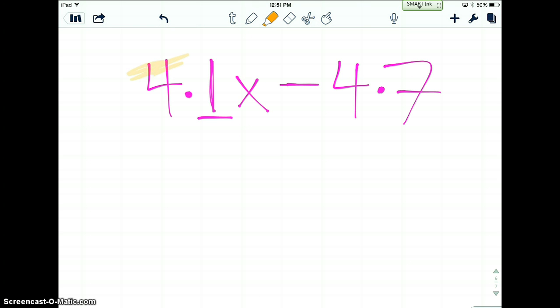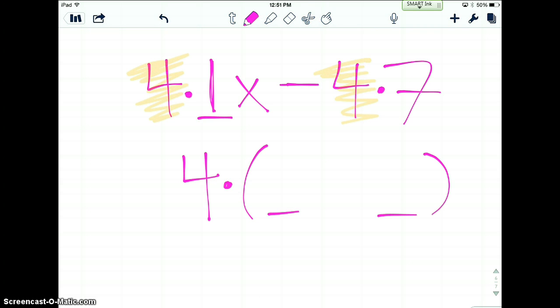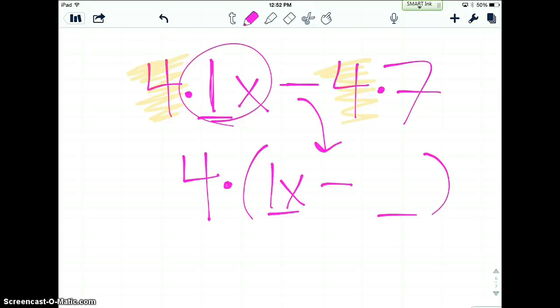So now you notice we have our greatest common factor coming out in both numbers. So now I'm going to take that number out and say we found 4 of 2 things, right? What were those 2 things? 1x, bring down the subtraction sign, and a 7.